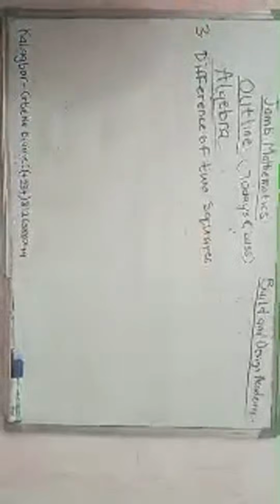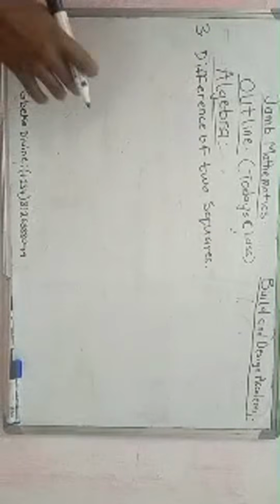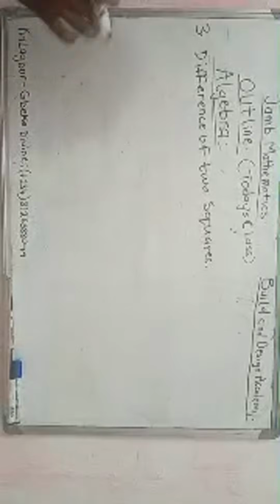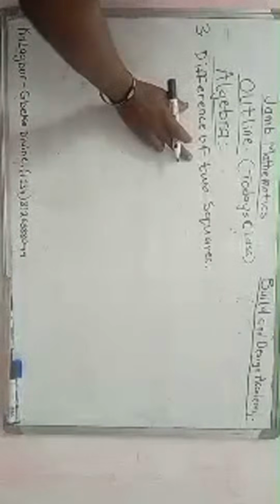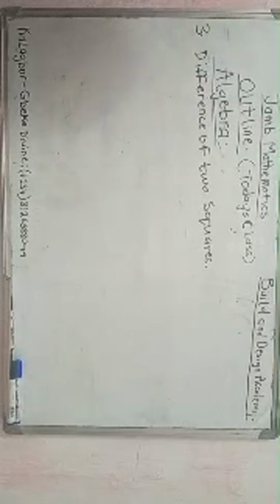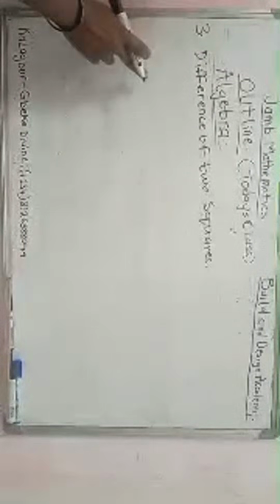This is a very specific pattern. You should train your eyes to spot it instantly. Difference of two squares occurs when one perfect square is subtracting another perfect square.